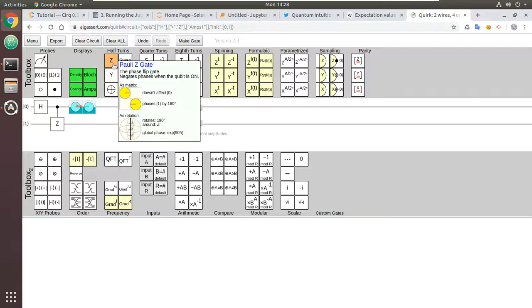That's exactly the 90 degrees that you see in the rotation, the 180 degrees that you see here in the rotation.